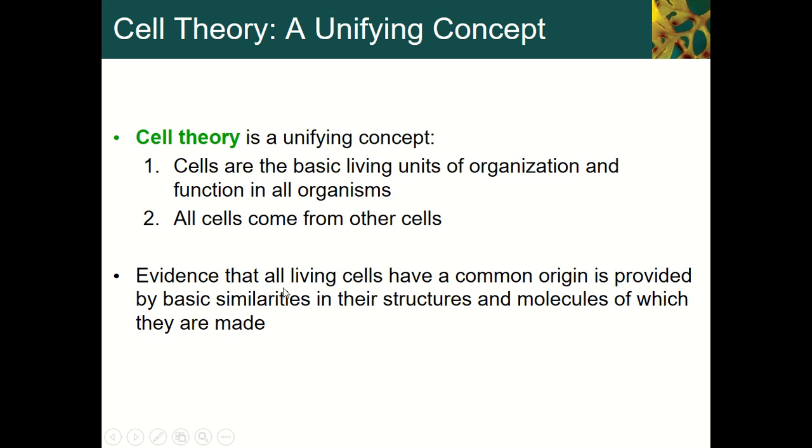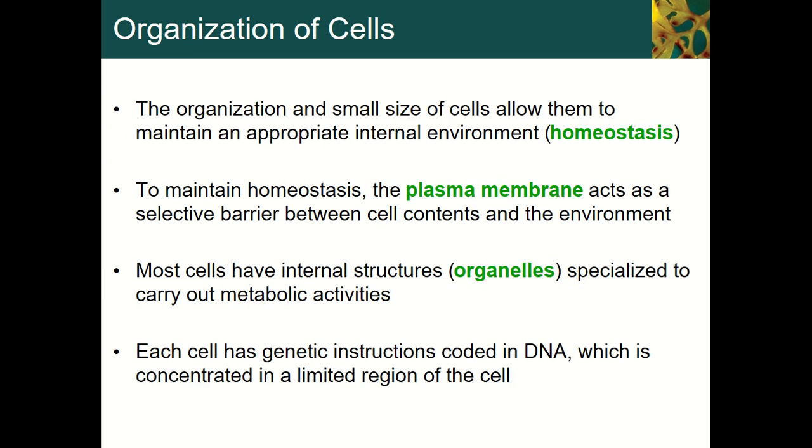The evidence that all living cells have a common origin is provided by basic similarities in their structure and the molecules they are made of. So they want to tell you that cells actually come from other cells, due to the similarities in their structure and the molecules that make up the cells.